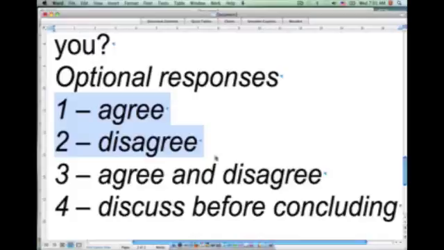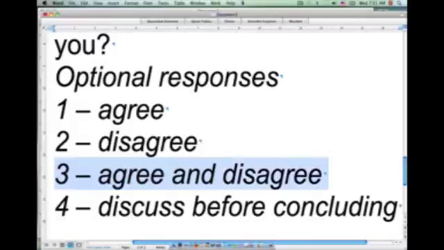I definitely do not advise you to go with the third option here, which is to kind of agree and disagree with the points. Today I would like to write an essay for you that actually follows this middle pattern, the agree and the disagree. I want to do that just to demonstrate how much more complicated our wording has to be to make the essay successful.